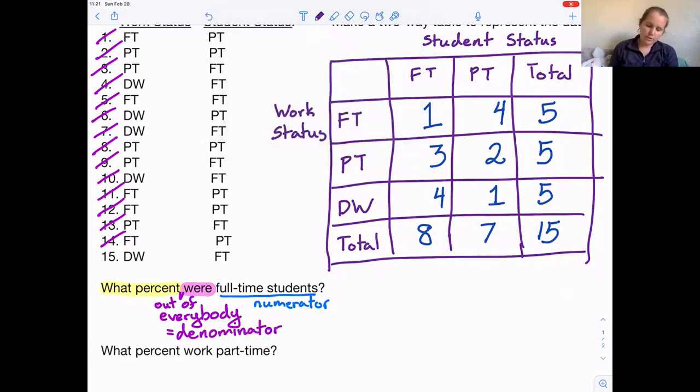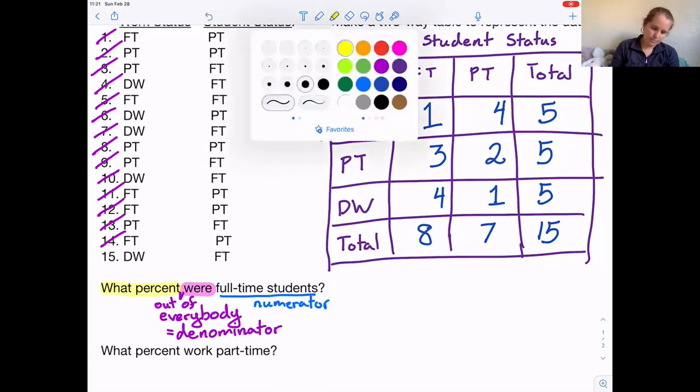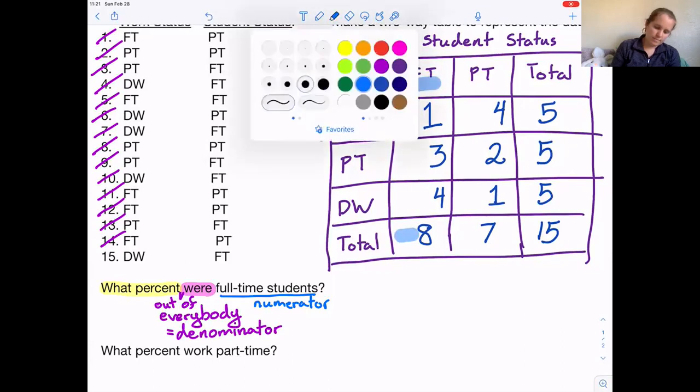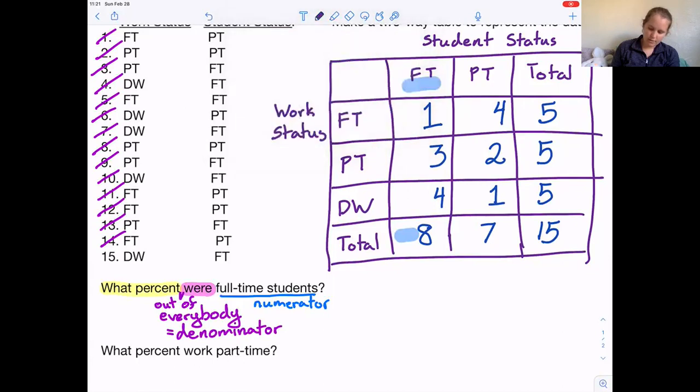So out of the full-time students, I didn't specify their work status, so we were just looking at full-time students in general. So that's our 8. So we had 8 full-time students out of 15 students in general.